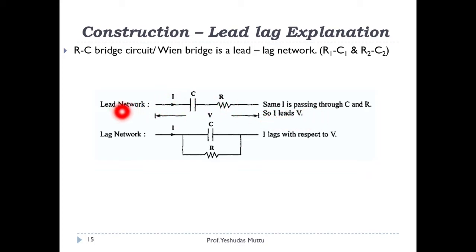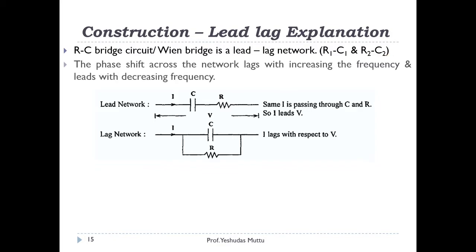So it's a lead network. Okay, when R and C are in parallel, that time I'll say that the current will lag voltage. So it's a lag network. So R1C1 which is present is a lead network, R2C2 which is present is a lag network. Same with respect to the phase shift also, it lags with increase in frequency and leads with decrease in frequency.